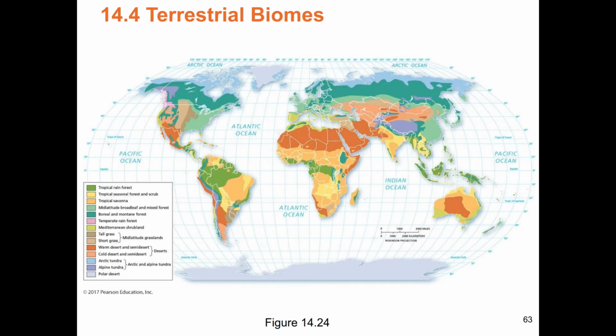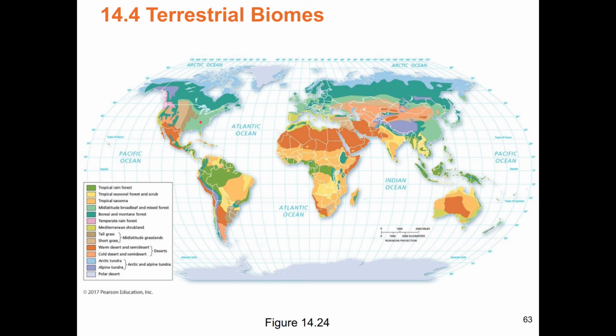And finally, biomes. So we've got 10 different biomes, and we've got things like desert, Arctic, tropical rainforest. So the climate is going to go along with the biome, which is going to go along with the soil. So we've got tropical rainforest, tropical savanna, tropical seasonal scrub, mid-latitude broadleaf mixed forest.